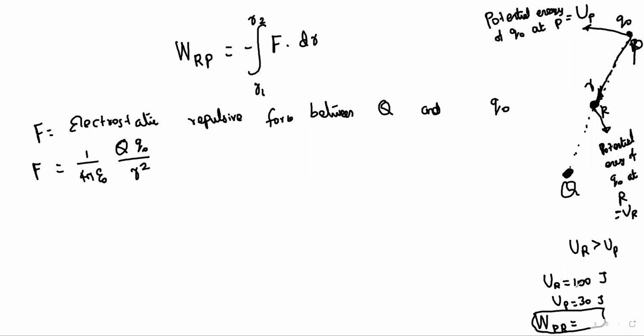If you want to stay at R, you need 100 joule of energy. If you need to stay at P, you need 30 joule of energy. Then if you want to move from P to R, how much energy do you have to spend? Simple one.